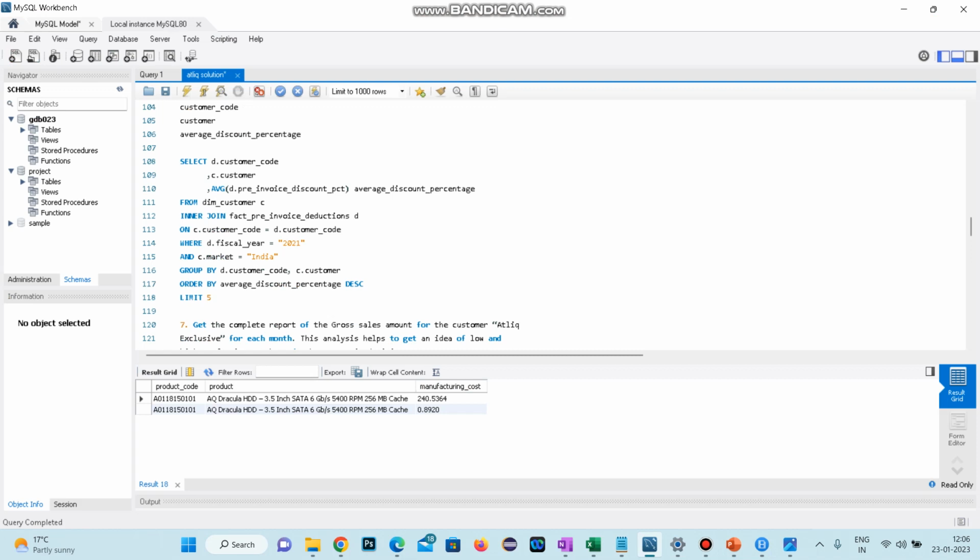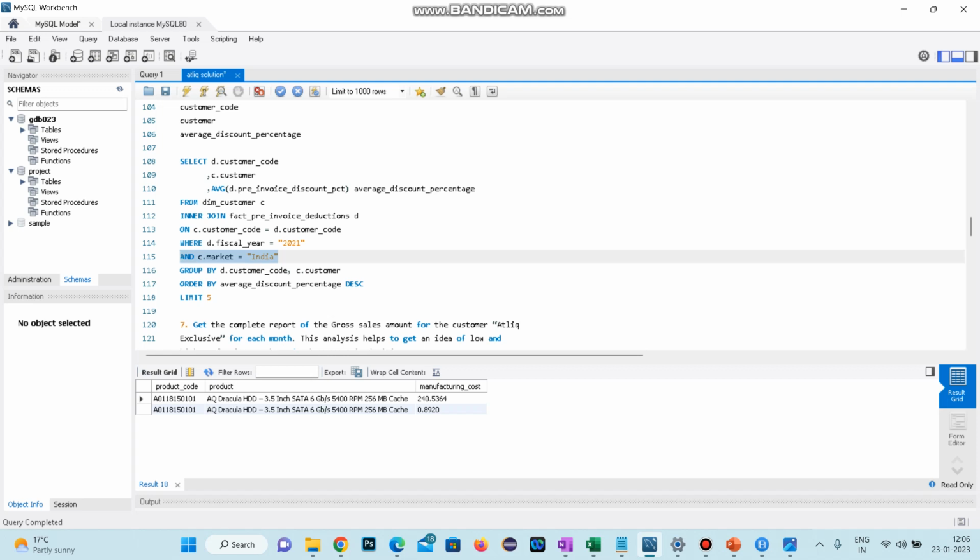We are joining the dim customer and fact pre-invoice deduction tables, because we want data from both. We want fiscal year 2021, so we put that in the where condition, and we want India only, so market of India, with another condition.